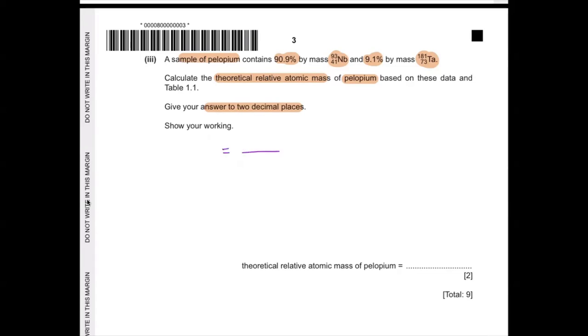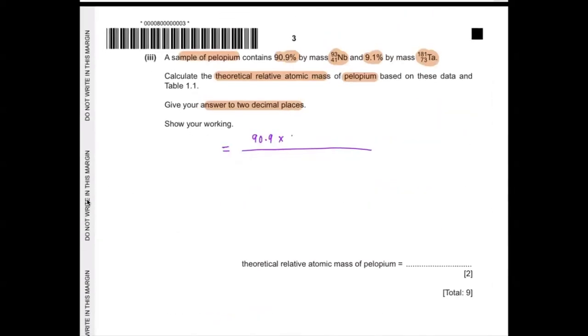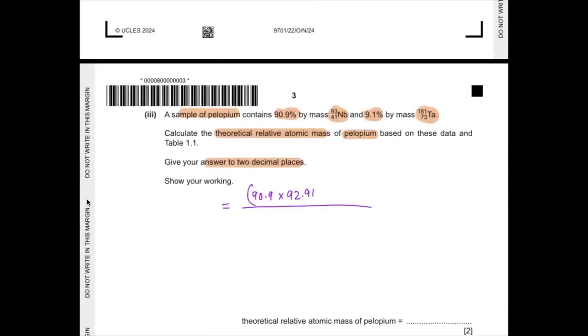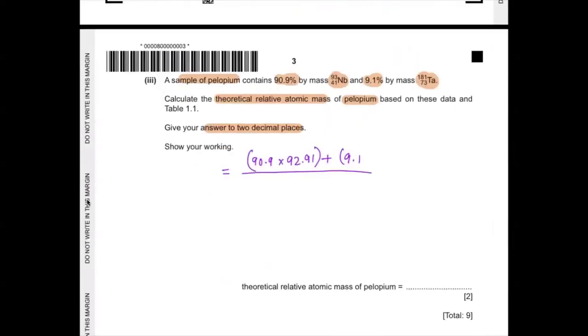Its relative atomic mass is going to be equal to the percentage abundance of niobium times its isotopic mass, which is 92.91, plus the percentage abundance of tantalum, which is 9.1, times its relative isotopic mass, which is 180.95, and then divided by 100.